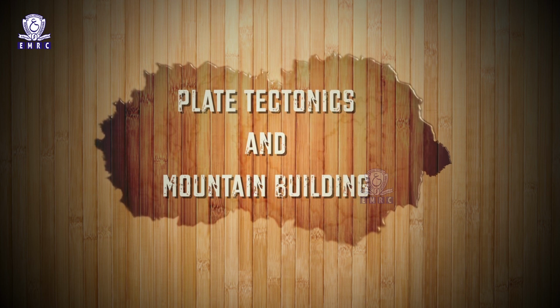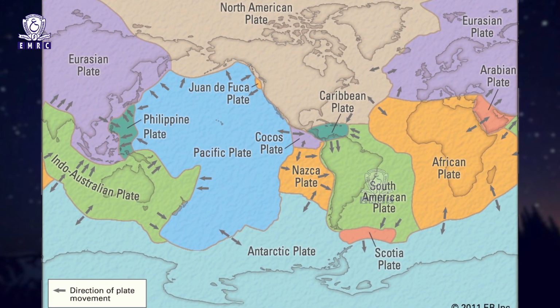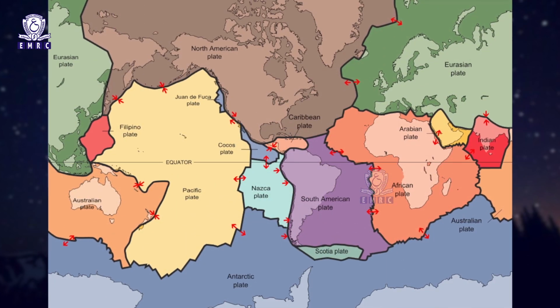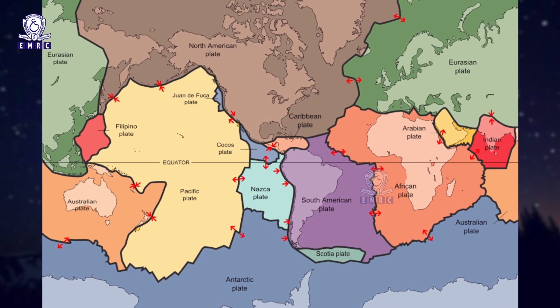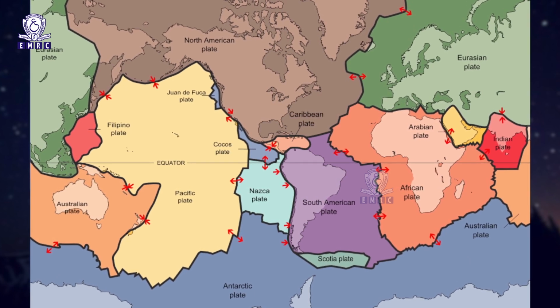The process of mountain building is called orogenesis. According to the theory of plate tectonics, the mountain building activity takes place along the convergent margins of the plate when two continental plates converge.